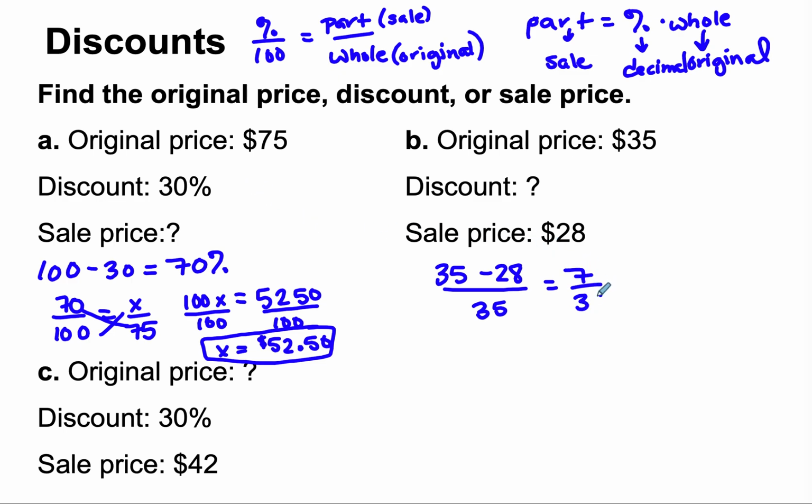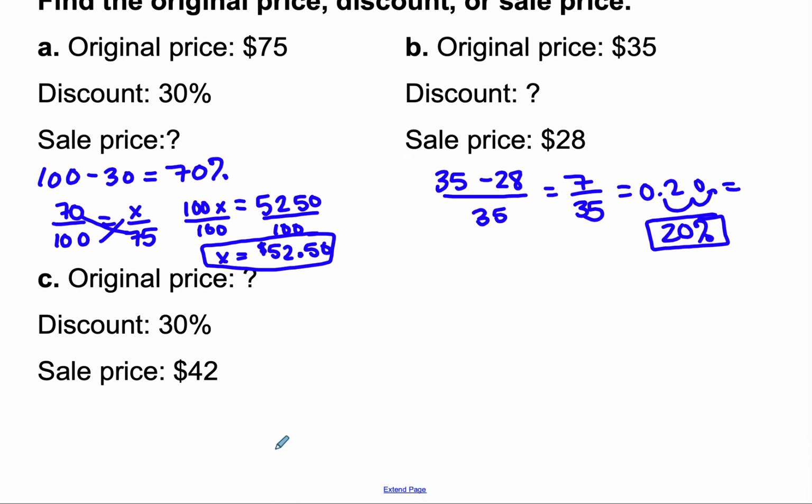Then we're going to do 7 divided by 35. That's going to give us 2/10. That is the decimal, that is not the percent. I'm going to move that decimal 2 places over. That's going to give us 20% for our discount.